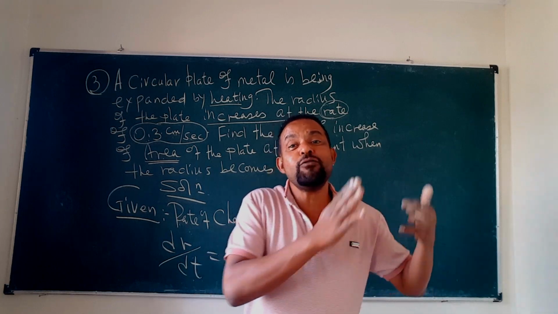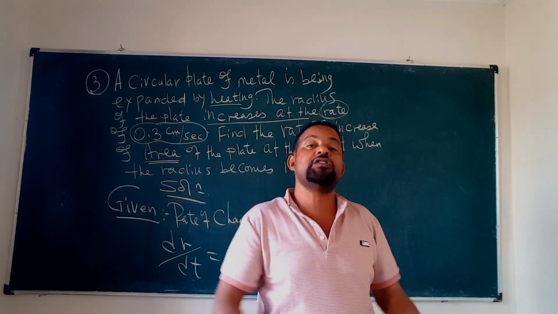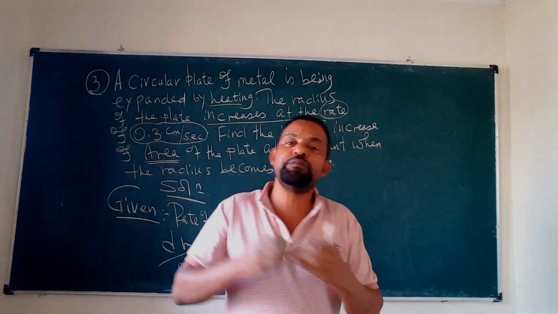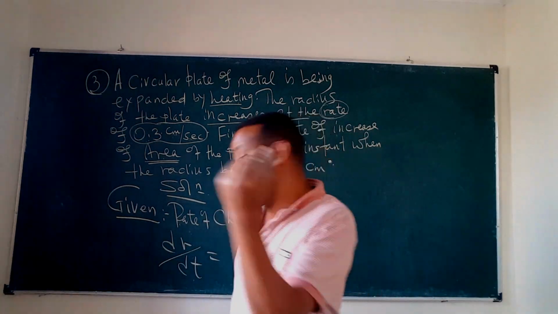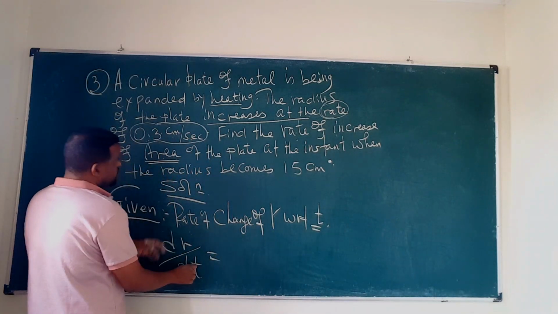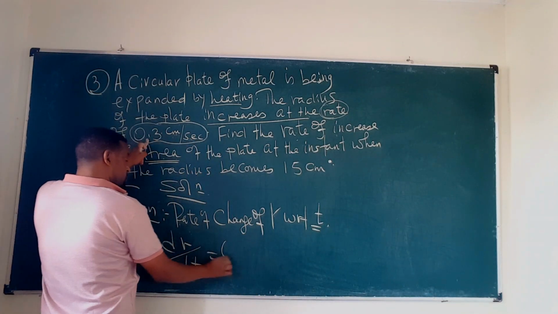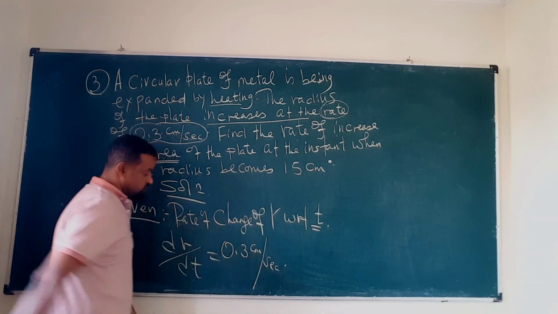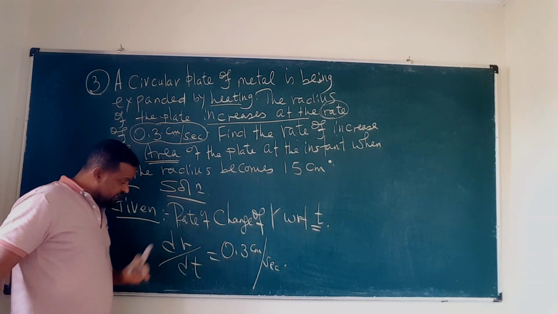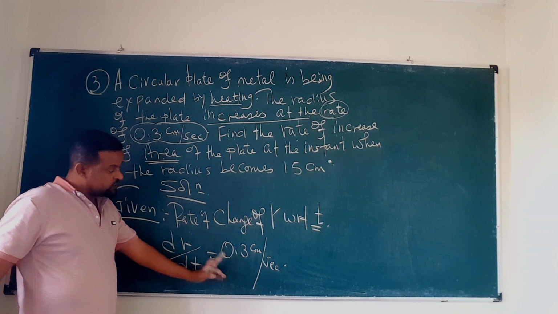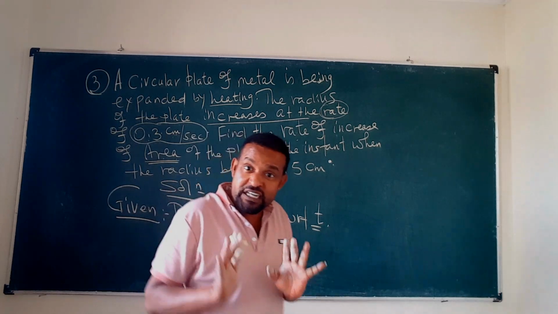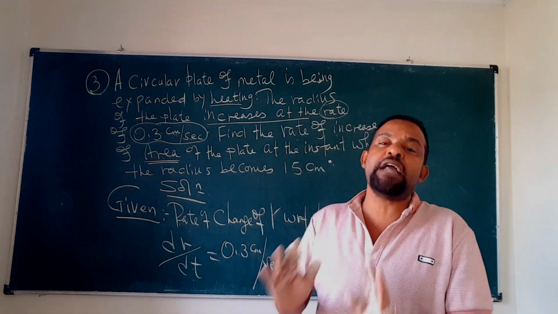So the rate of change of the radius of the plate with respect to time is dr by dt, which is 0.3 centimeter per second. That means the radius changes, or increases, 0.3 centimeter every second.